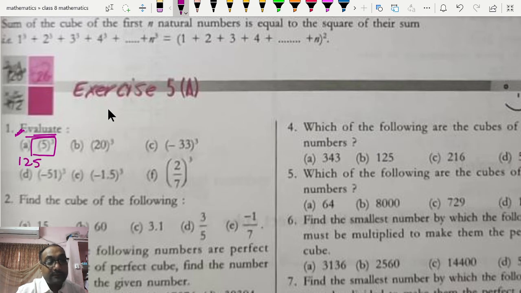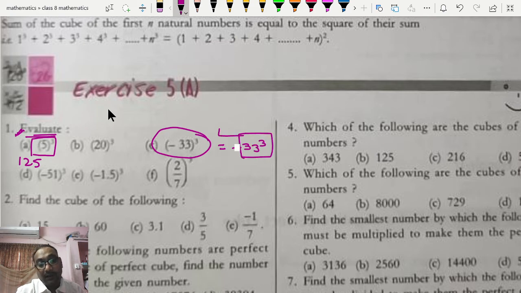Similarly, minus 33 to the power 3. This is a negative number and the cube of a negative is always negative. Then multiply 33 into 33 into 33, three times. The result will be your answer.